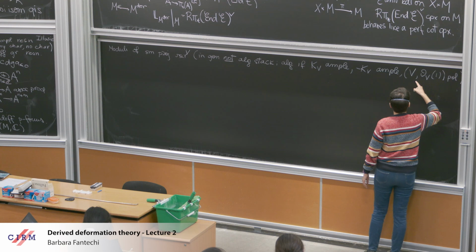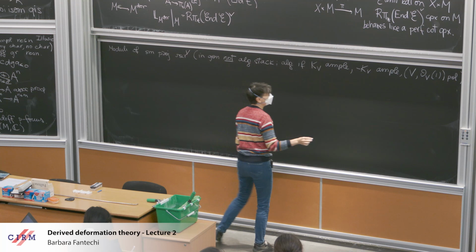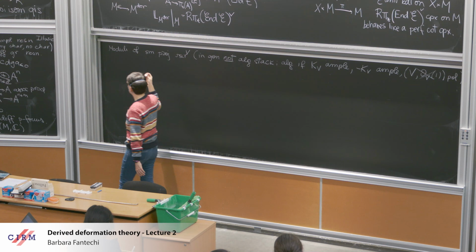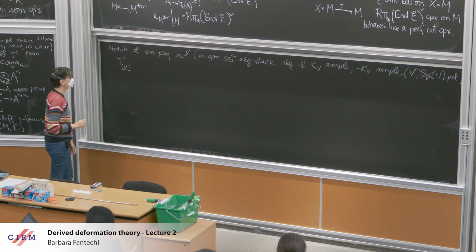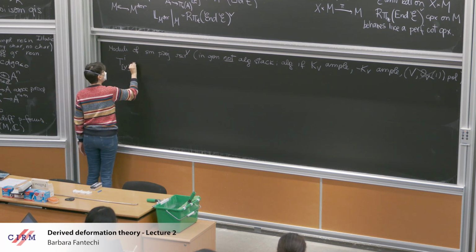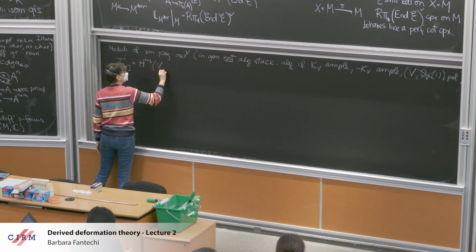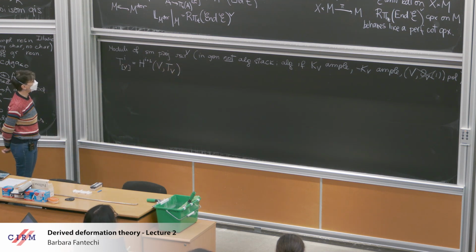So you fix an ample line bundle, and then you get an algebraic stack. And let's not look at this case. It's not incredibly different, but it's notationally more complicated. And we are in the same situation, that the tangent space at one point to this moduli is H^(i+1) of the T_V. And so again, here we expect a derived structure.